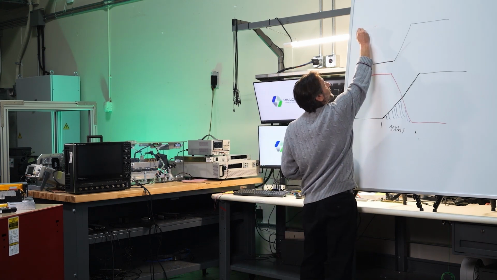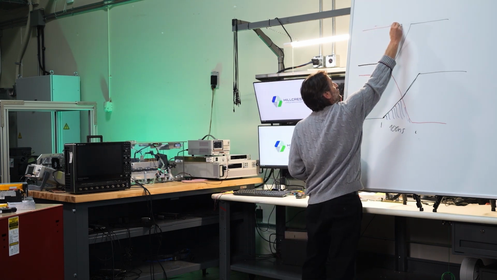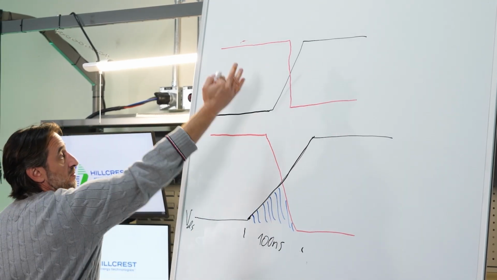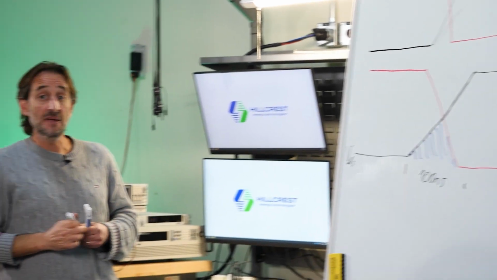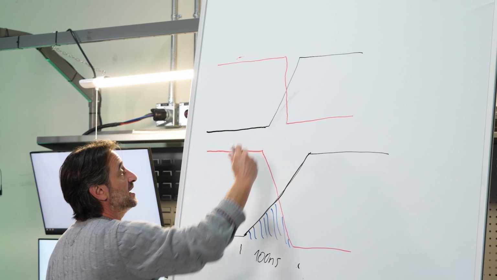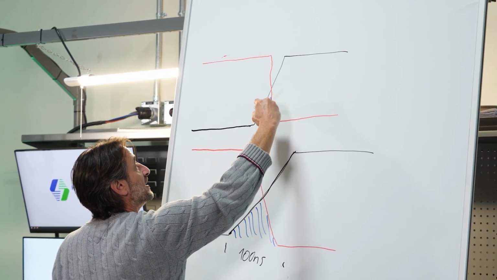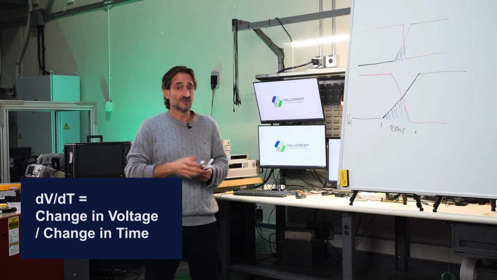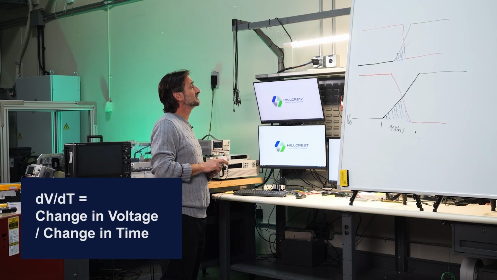The current is reacting to that. So the idea is the same, but look what happened now. Because I'm switching faster, the area here is much smaller. Great, you say, right? Let's do that.